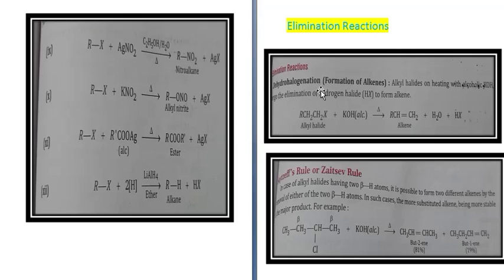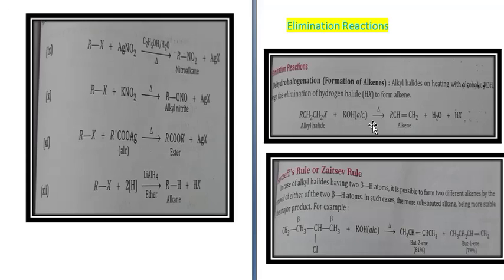Next type of reaction shown by haloalkanes is called elimination reaction. Eliminate means something is being removed. So the first type of elimination reaction is dehydrohalogenation. This reaction results in formation of alkenes.